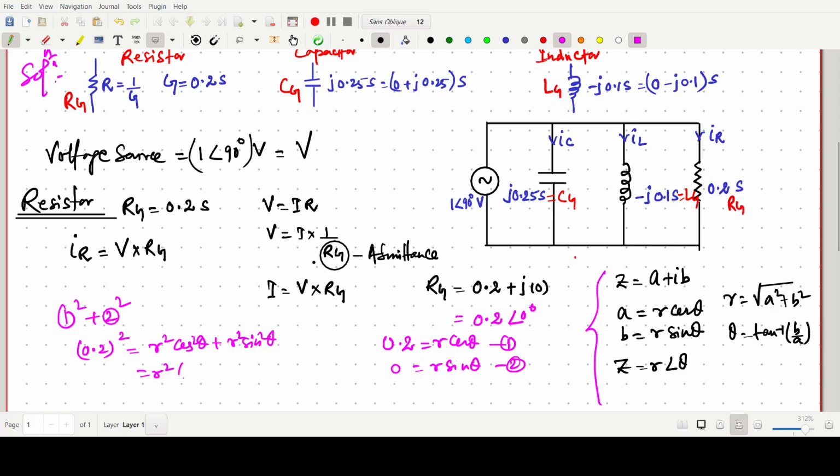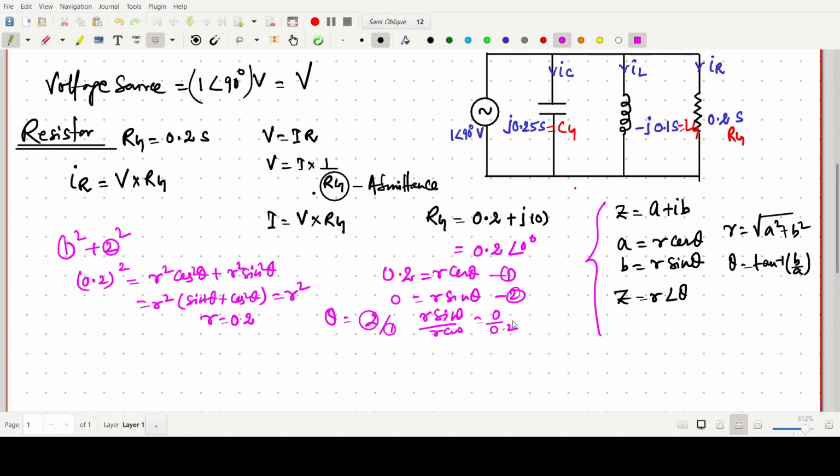So this value will be r square into, okay, I am writing each and every step. So this one is r. So r value will be 0.2 and theta will be tan inverse b by a, or if we divide 2 by 1, so what we will get? r sin theta by r cos theta, 0 by 0.2.